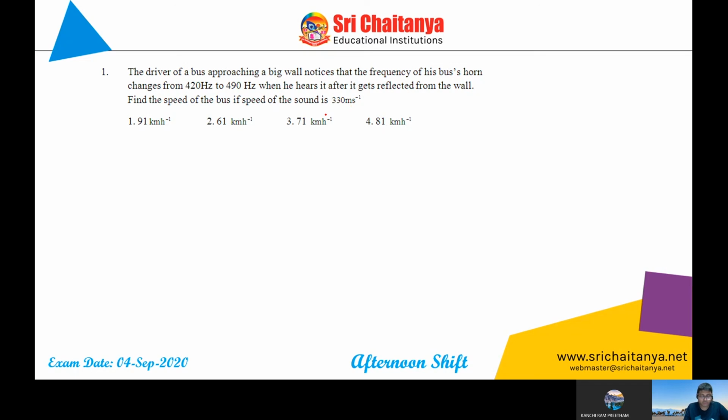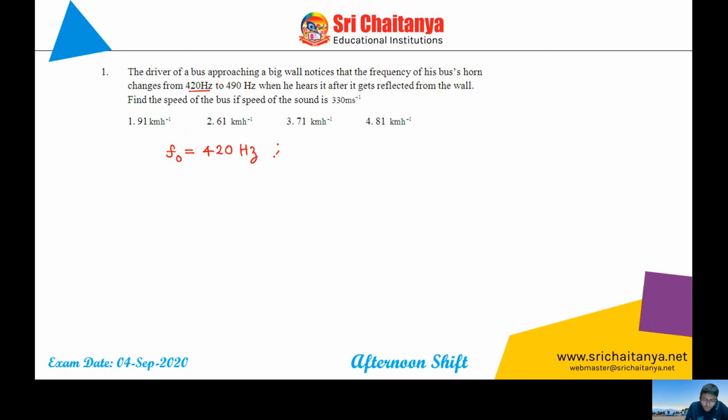So we need to figure out first of all what parameters are given to us in this question. 420 hertz is the original frequency, the frequency of the bus's horn as observed by the driver himself. That is given to us as 420 hertz.